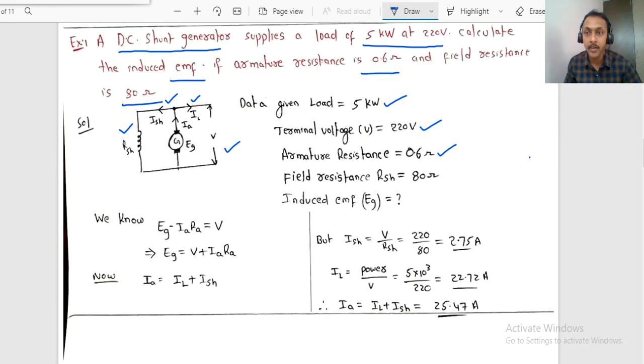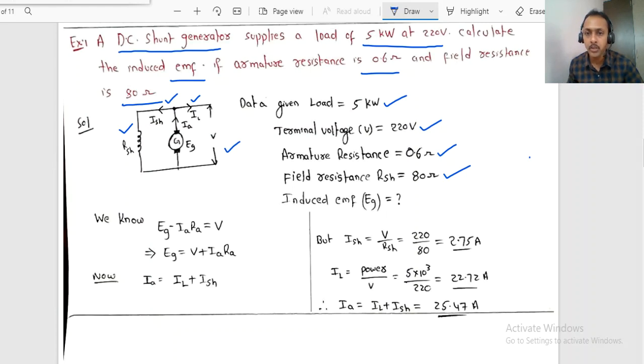And also field resistance is specified. He has not told whether it is shunt field or series field, but since it is a shunt generator, obviously this is shunt field resistance RSH equals 80 ohms. Like this, from the problem given, once we are comfortable indicating the variable names, it will be very easy to do the problem.